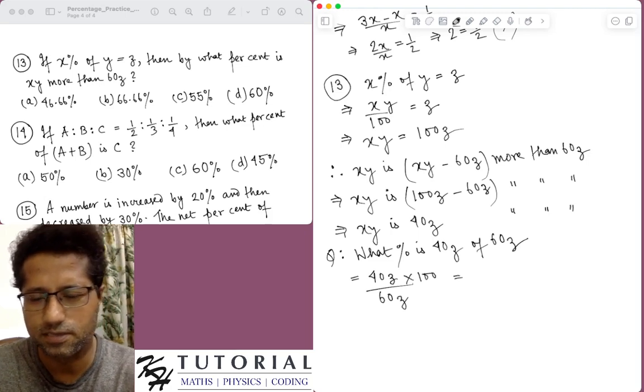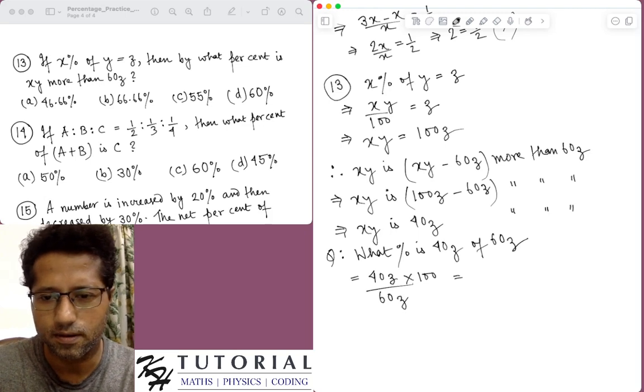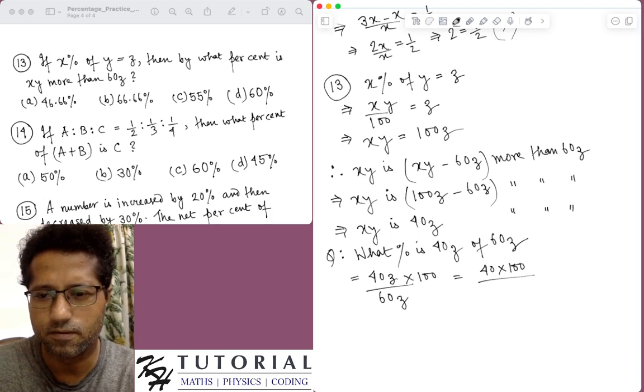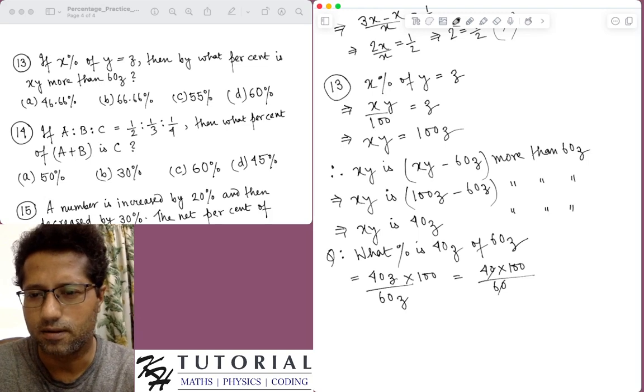The z cancels out, and so this is 40 into 100 divided by 60. 0 cancels out, and this is 2 and this is 3.